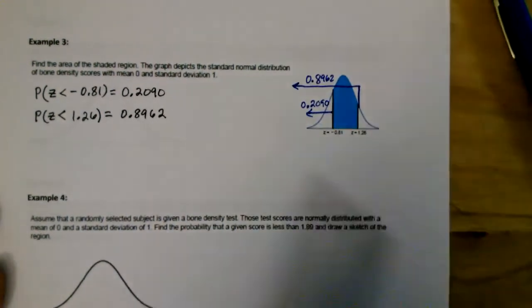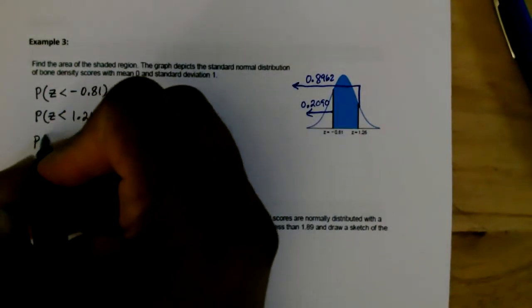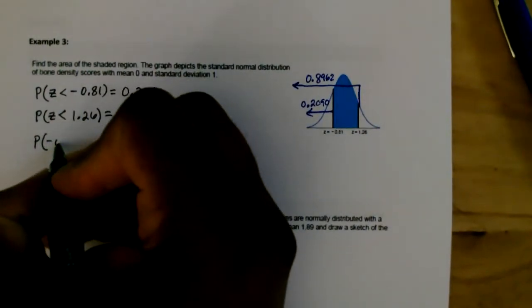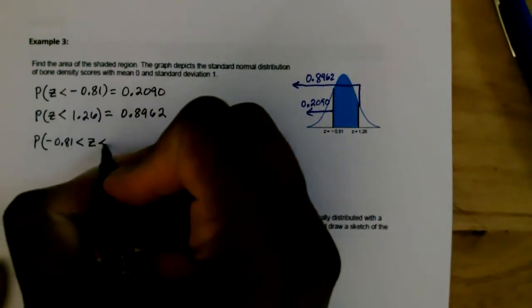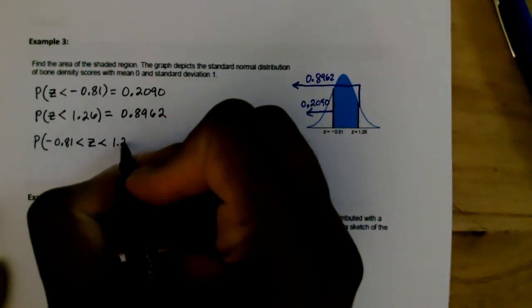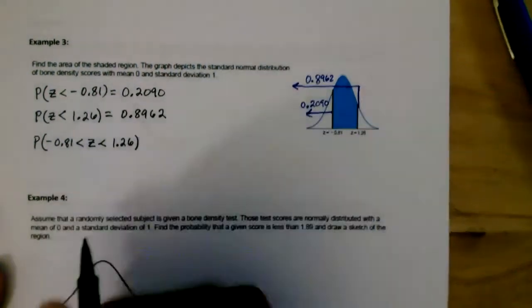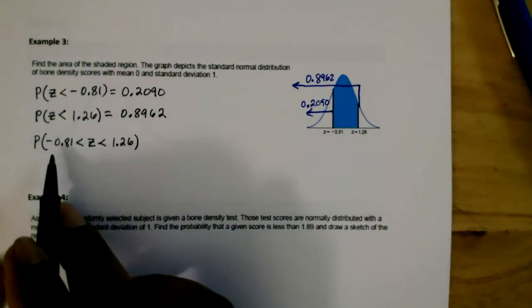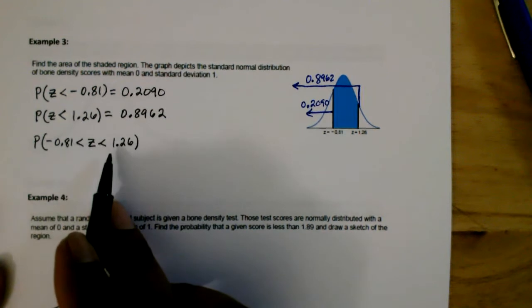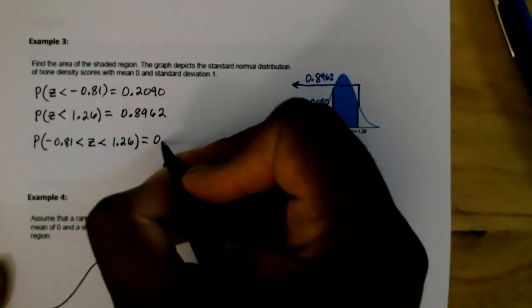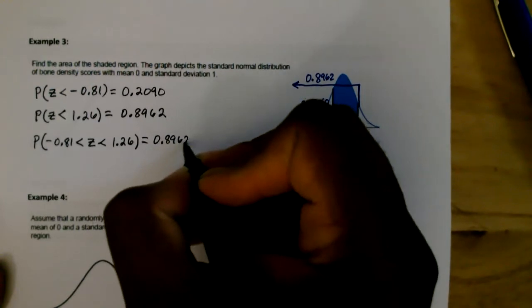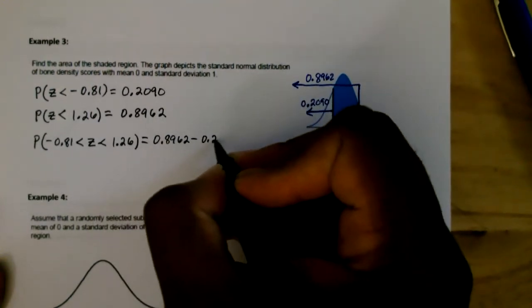So in this case, we're finding the probability that negative 0.81 is less than some z value and less than 1.26. In other words, the probability that our z value is between negative 0.81 and positive 1.26, we take that 0.8962 and subtract from it 0.2090.